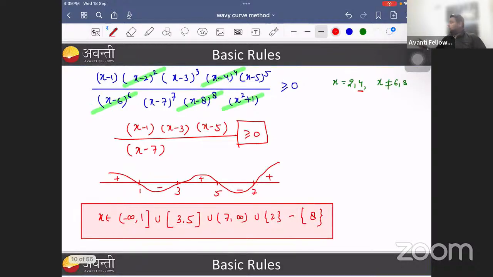Have a look at it and try to observe. Got it?